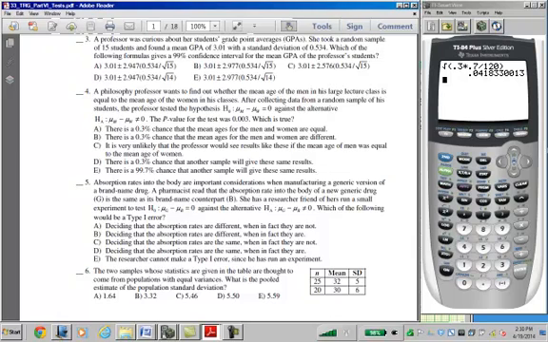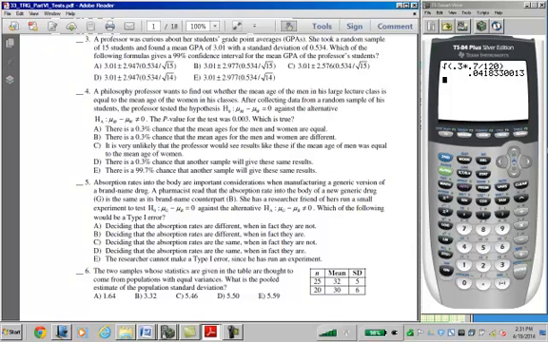It's very unlikely that the professor would see results like this, the results meaning his sample statistics, if the mean age of men were equal to the mean age of women. Okay, now this is the right answer. Let's decode this a little bit. The p-value is the probability of the sample statistic occurring randomly, assuming the null hypothesis is true.